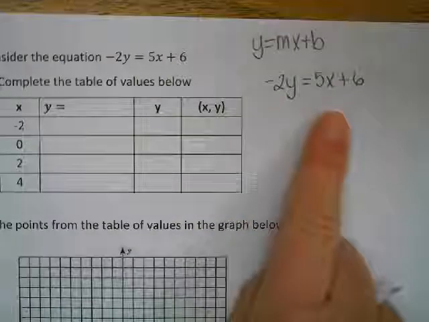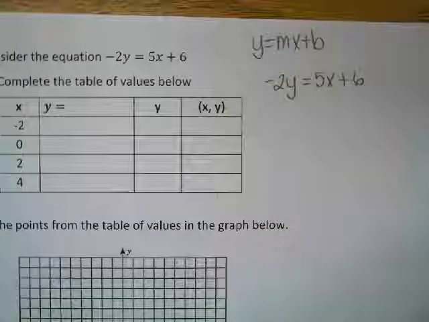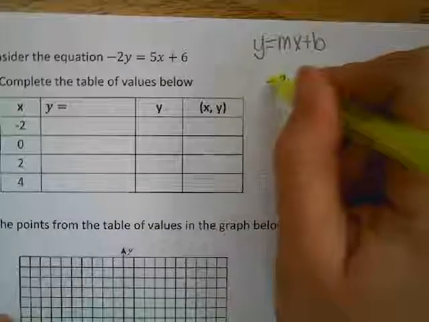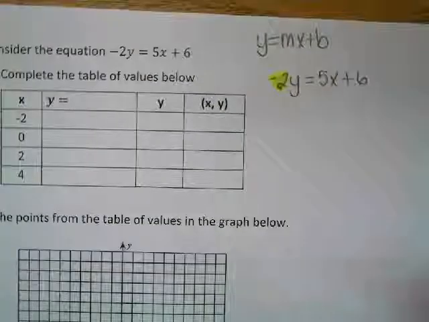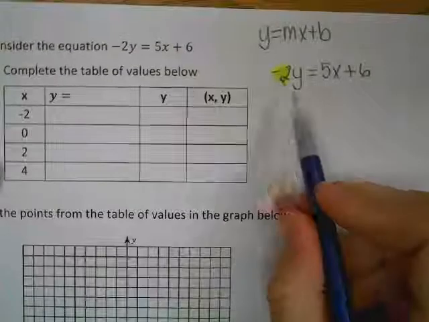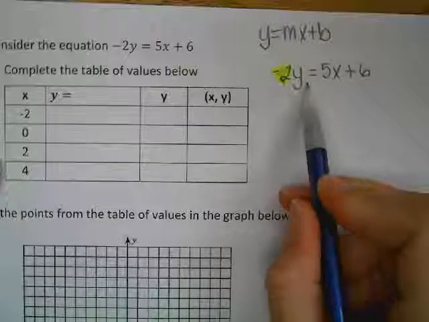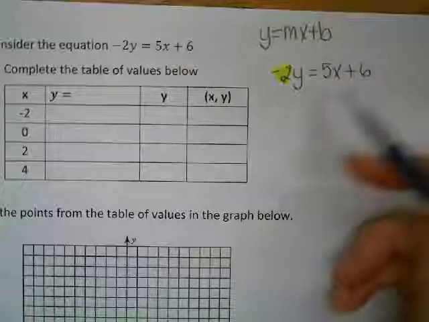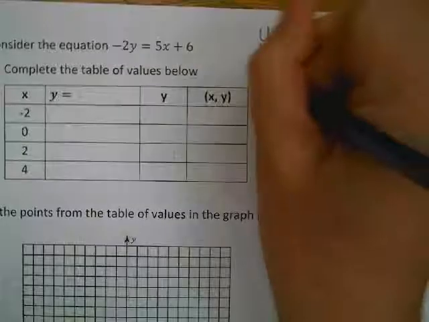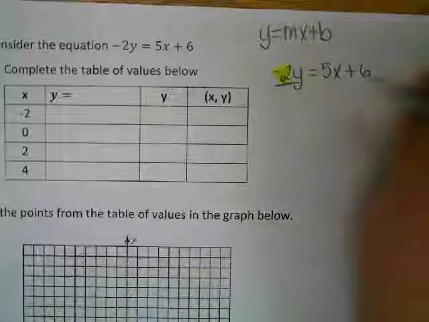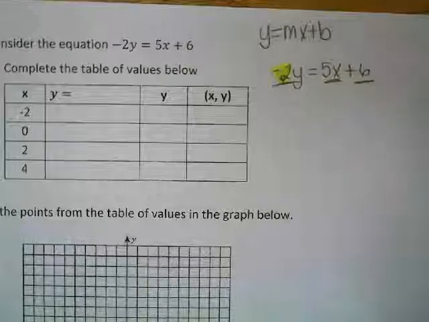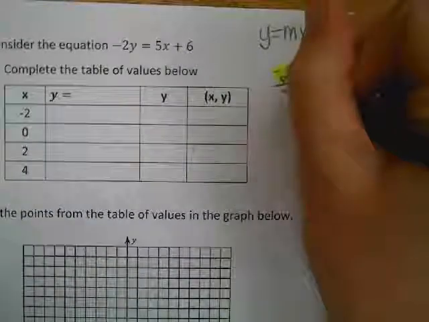So to solve this equation for y, I have to get rid of this -2. So if this is multiplication, -2 times y, I'm going to do the inverse operation, which is divide. So I'm going to have to divide everything by -2.